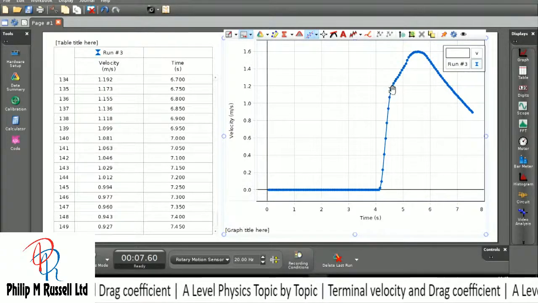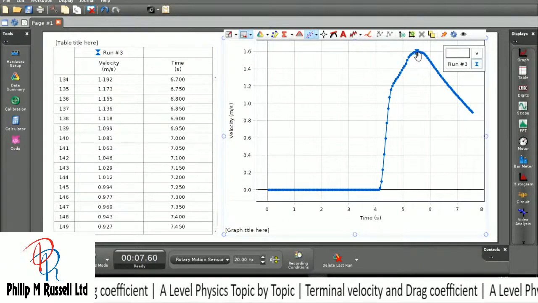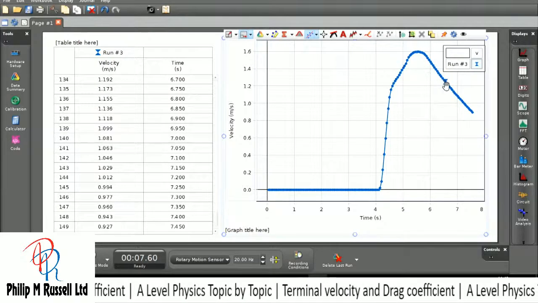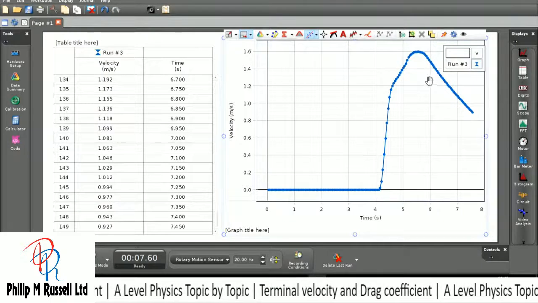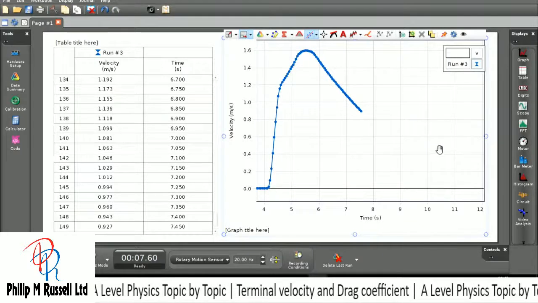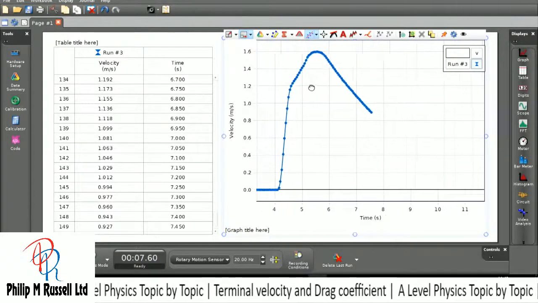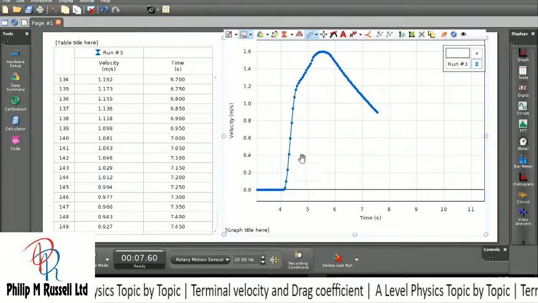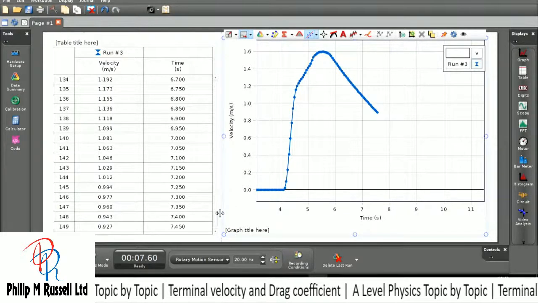So we've got our increase in velocity, we get our maximum velocity here, and then we've got it gradually slowing down until somewhere around here we're probably going to meet our terminal velocity. But we can see some sort of nice shape. I'm a little worried by this shape here. Perhaps another couple might give us some clarity on what's going on.